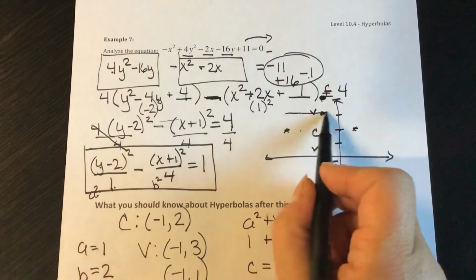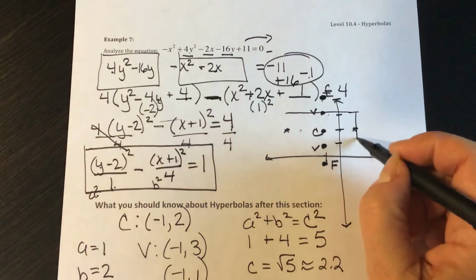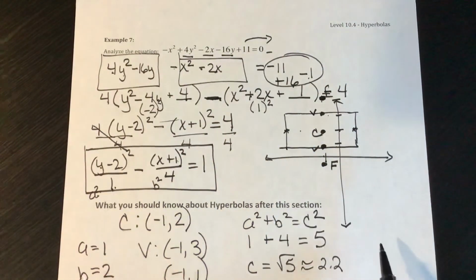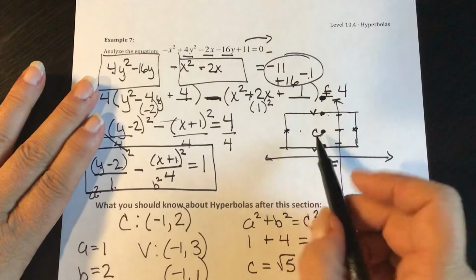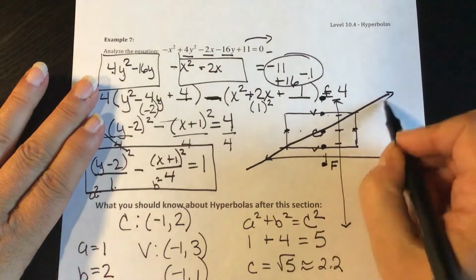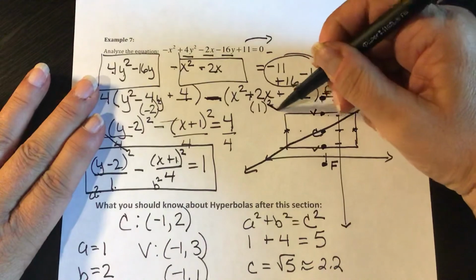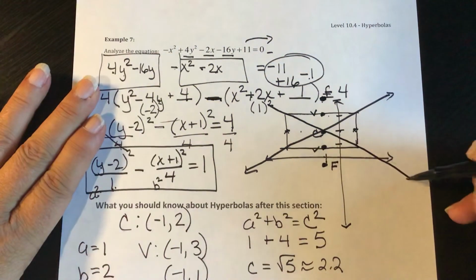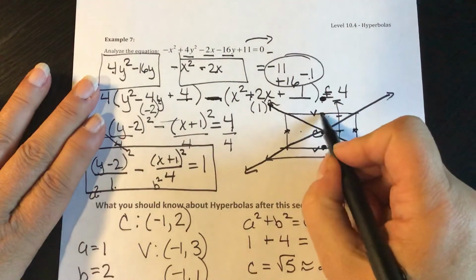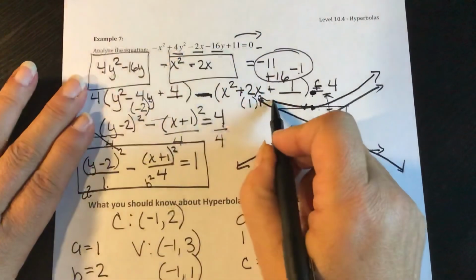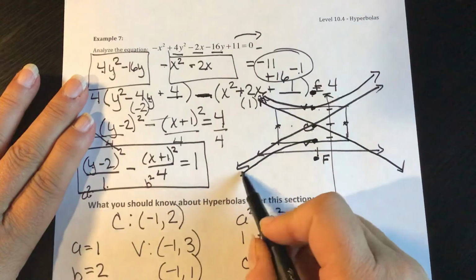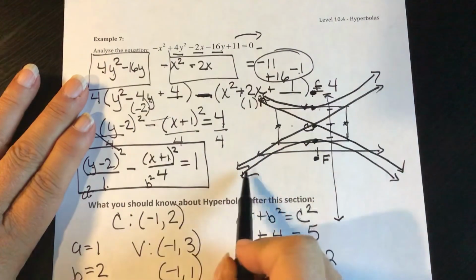So if I make my box, there's my box, the center right in the middle, and I'll make my diagonal asymptotes right through here. And from my vertices on the transverse axis, I'm going to draw the branches of the hyperbola. And it's going to look like that.